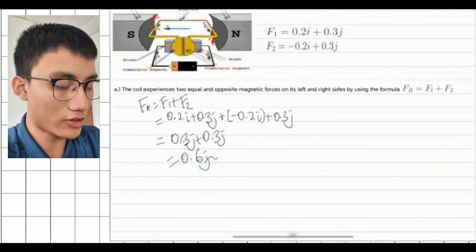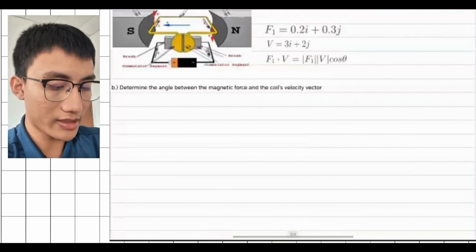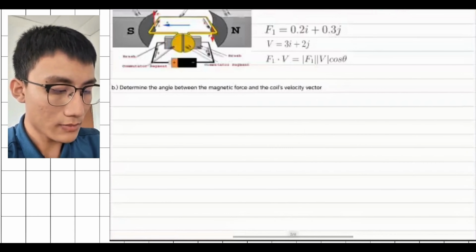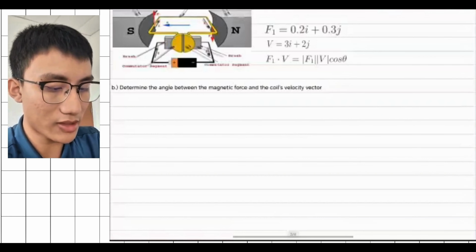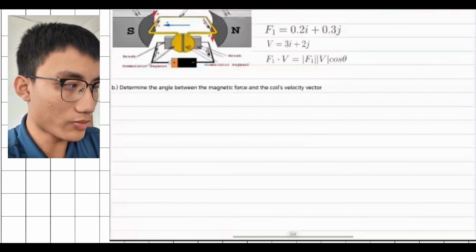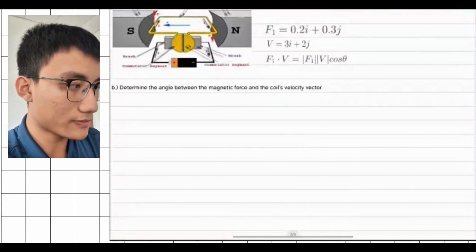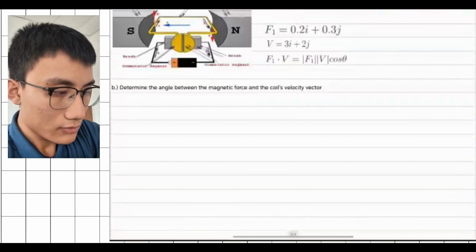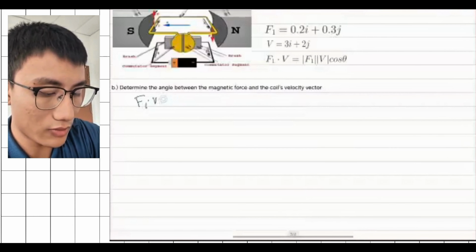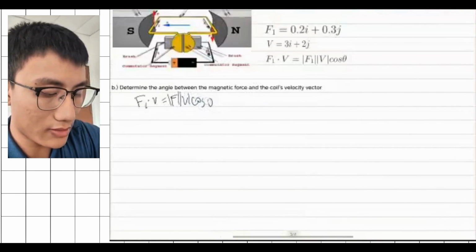Now let us move on to the next question, to determine the angle between the magnetic force and the coil's velocity vector. The formula is given here, which is the dot product formula. F1 dot V is equal to F V cos theta.